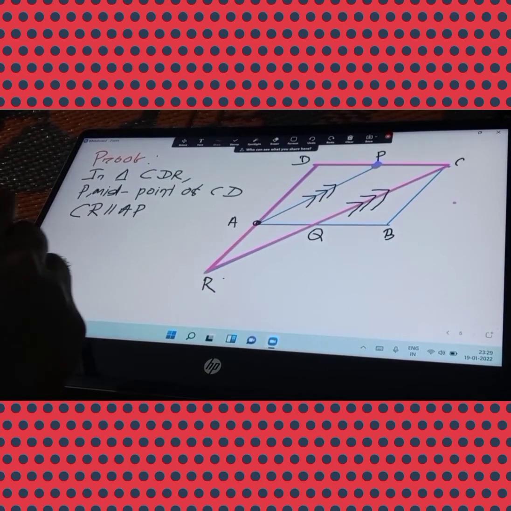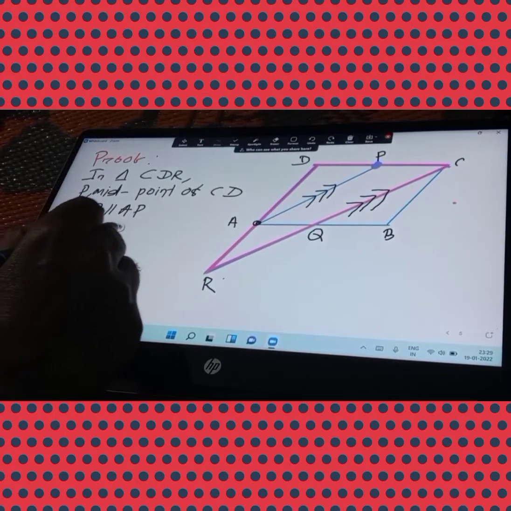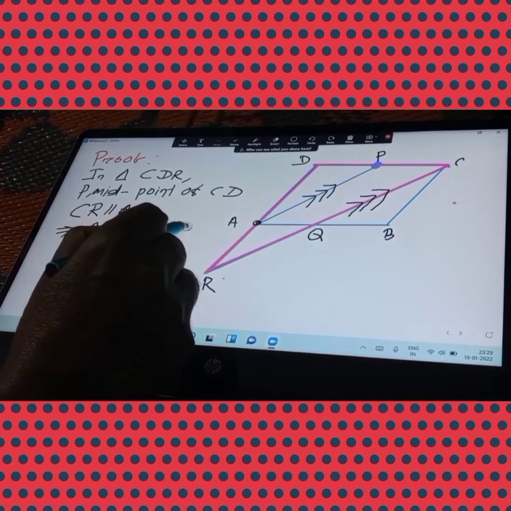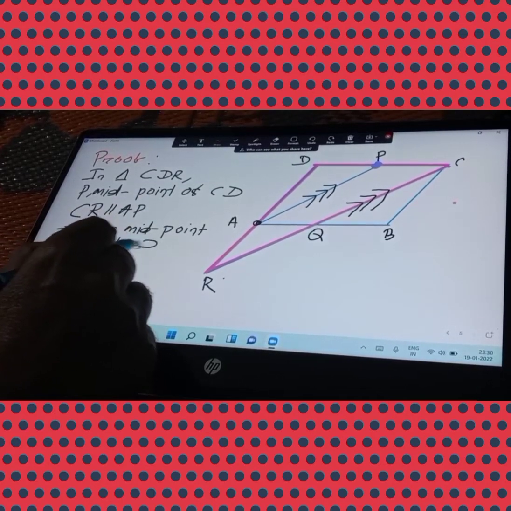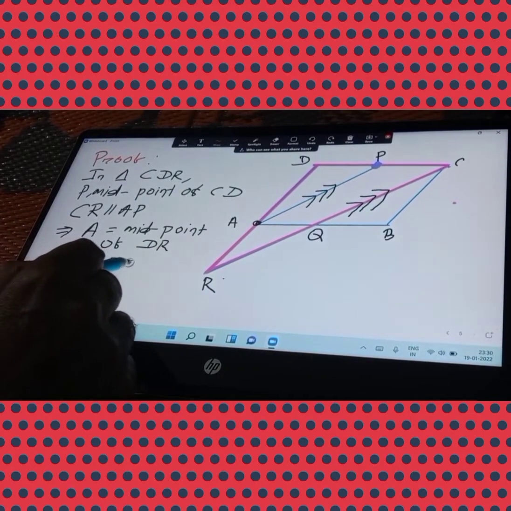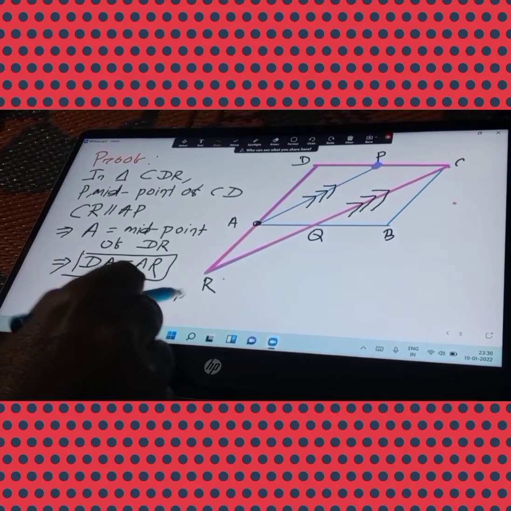Very simple question. Yes, CR is parallel to AP and P is the midpoint of CD. That implies A is the midpoint of DR. Yes or no? That implies DA is equal to AR.